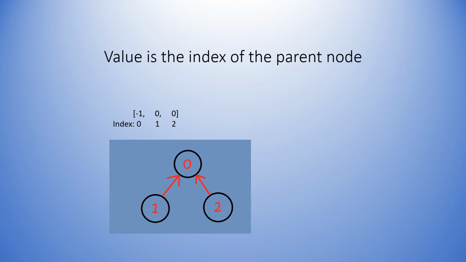This suggests that the parent node of node 1 and node 2 is node 0. The value on index 0 is -1, which means it has no parent node. It is a root node. We pick -1 because there is no negative index node in our context.